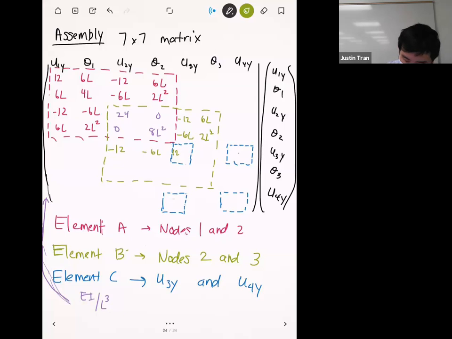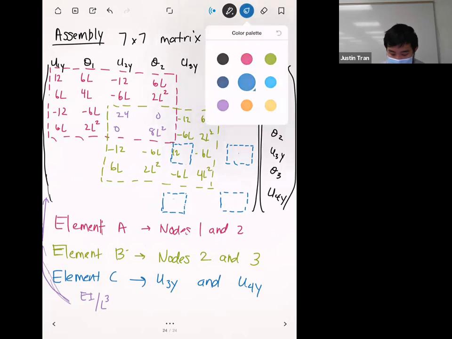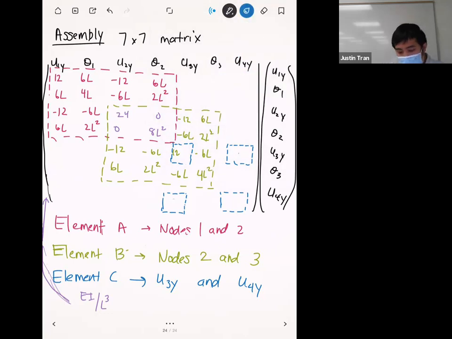Because for element B we just have a 12 there. And so those are all the contributions from elements A and B, and so those are the same as our first example. Now we come to the contributions from element C.